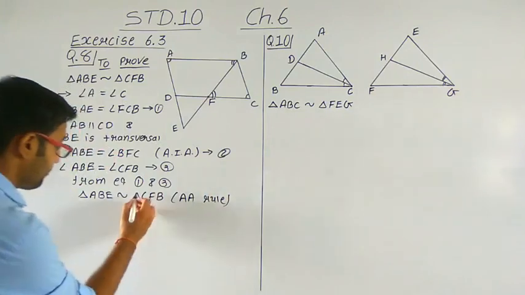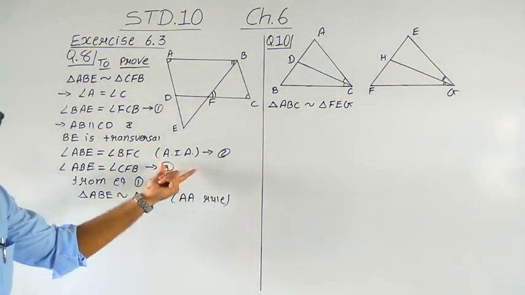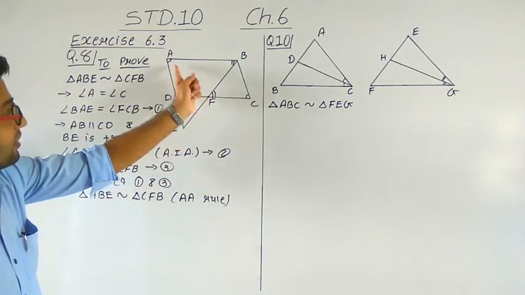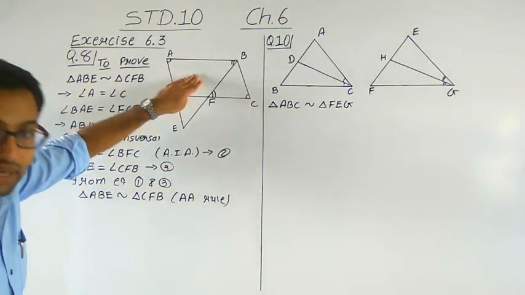So this is how we can prove the two triangles similar using the alternate interior angle criterion and the opposite angles of a parallelogram. The main thing is to draw the diagram.